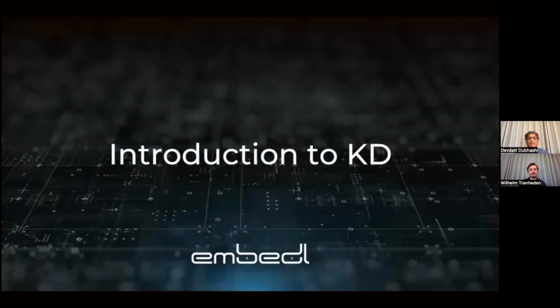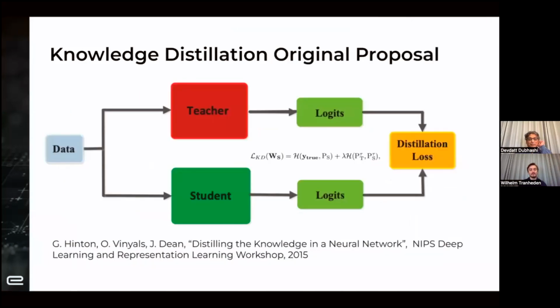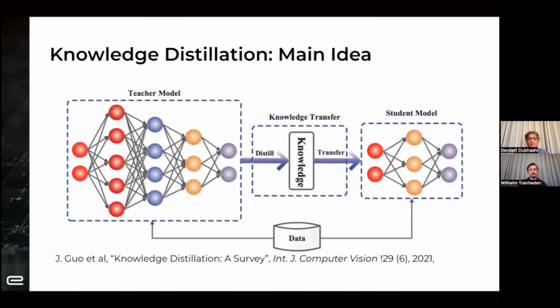So what's knowledge distillation? It's a very nice, simple idea. The basic idea is you have what is called a teacher model, which you can think of as a very large, big neural network.